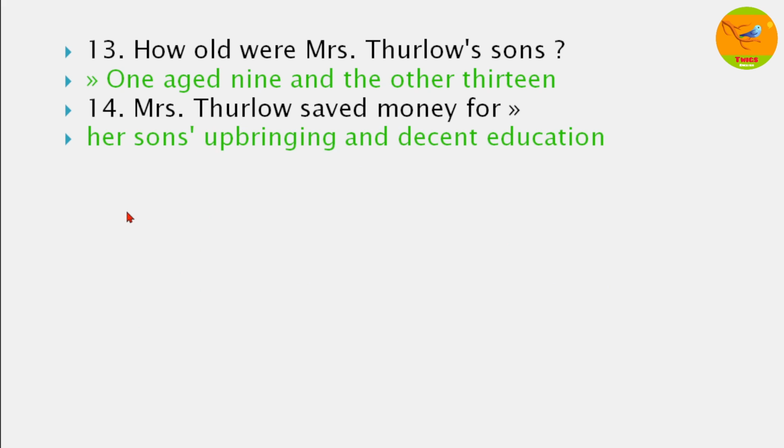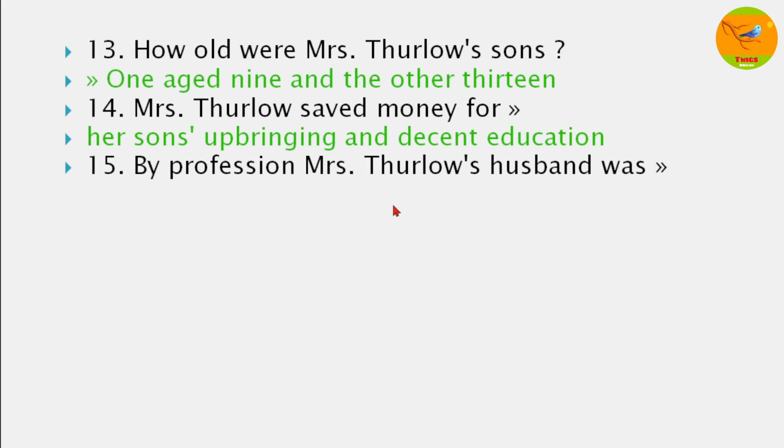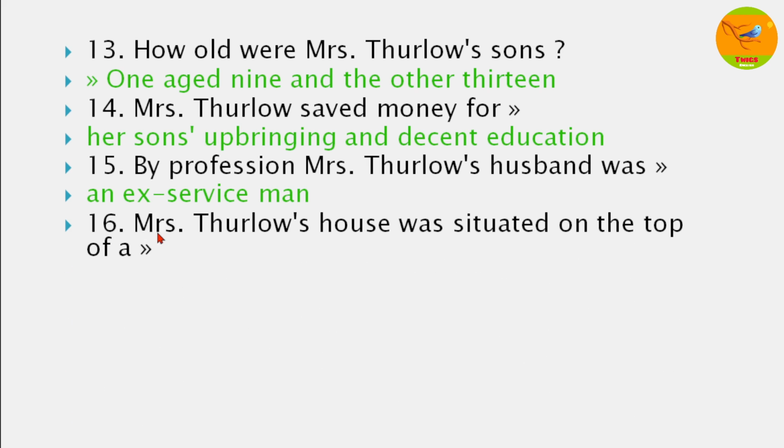She always wanted her sons to be established in their life, and this is why she toiled her level best to earn money, and also tried to save money for the bright future of her sons. Next, by profession, Mrs. Thurlow's husband was an ex-army personnel, an ex-serviceman. He was a retired army personnel.